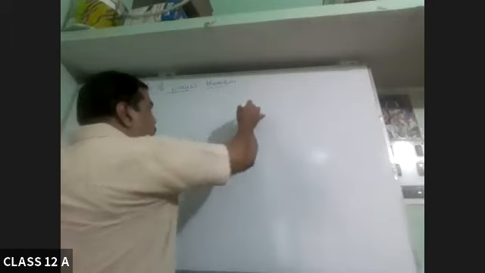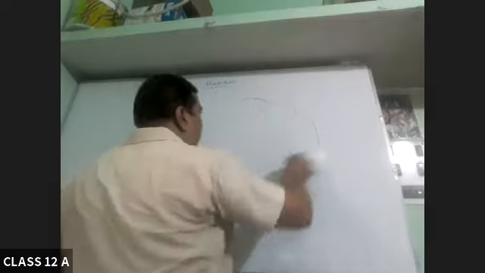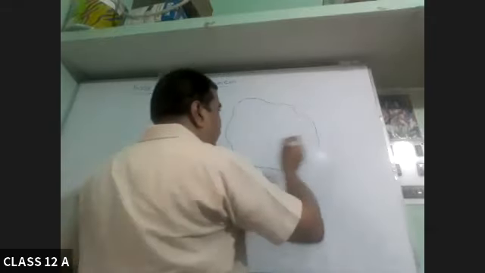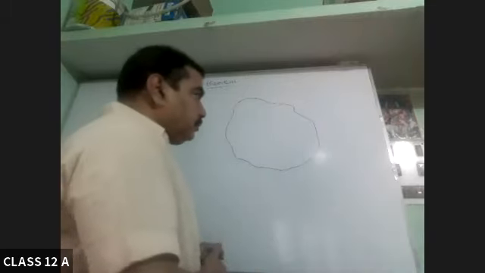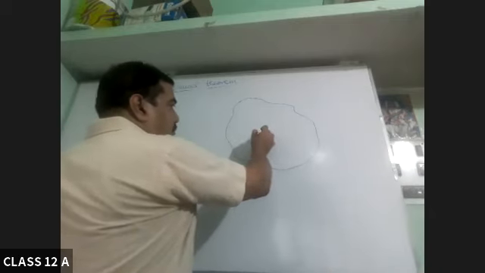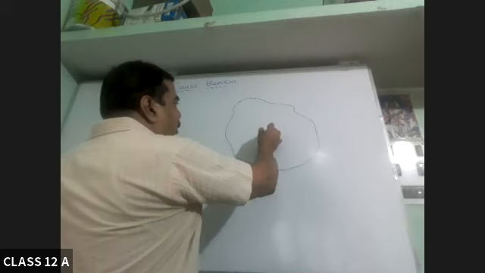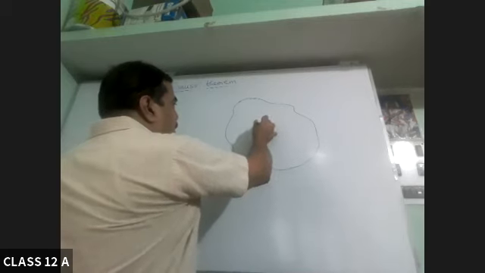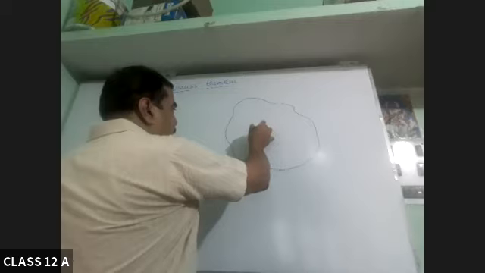Now, proof of Gauss theorem. For that, we are considering any irregular shape solid surface, meaning a closed surface. For our convenience, we are taking only one charge, suppose plus Q is present.